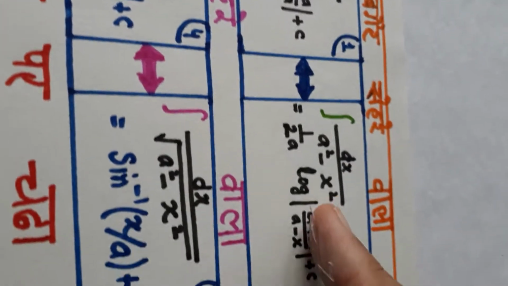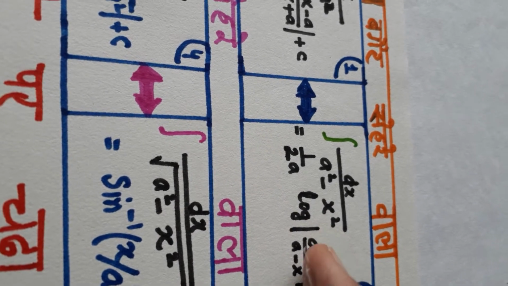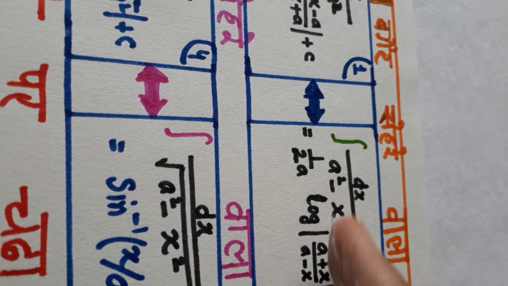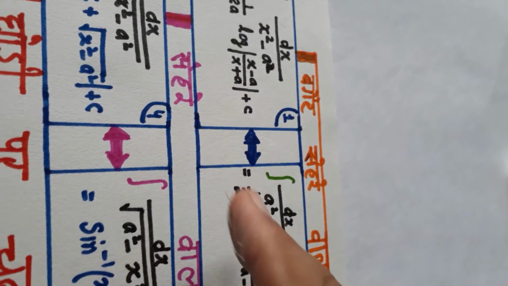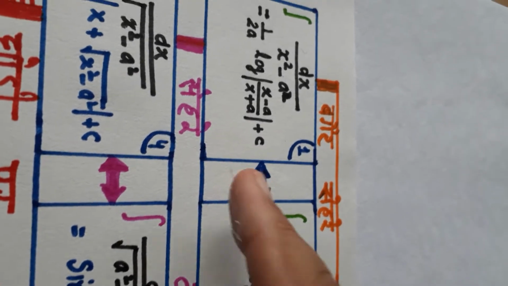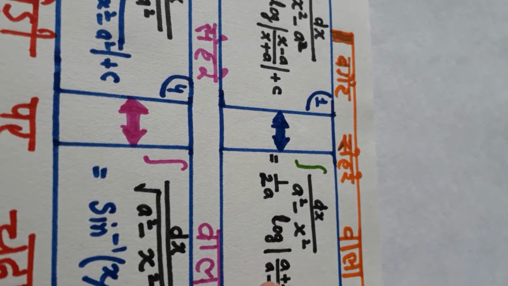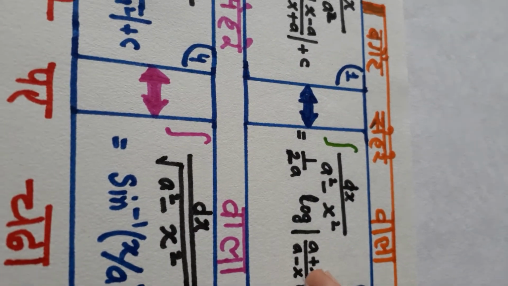And in case of this, it is a square minus x square. The factors are a plus x and a minus x. So in this case, since it is the inverse of this, the numerator will become the denominator and the denominator will become the numerator, and only the factors have to be written.